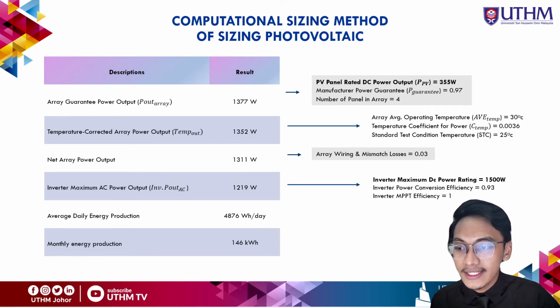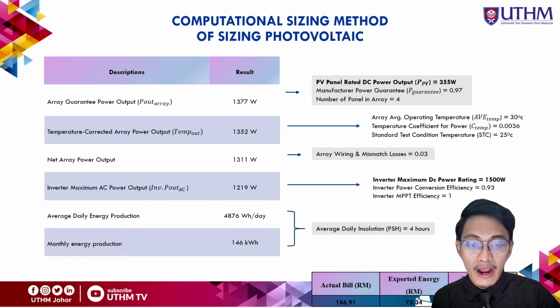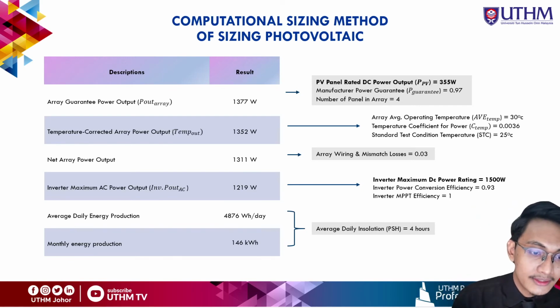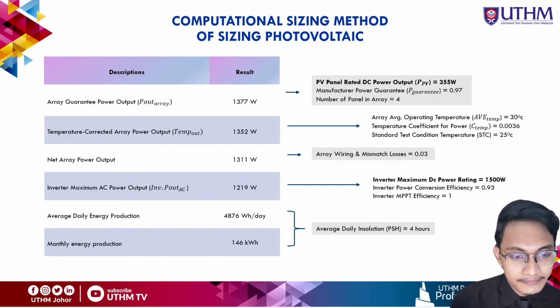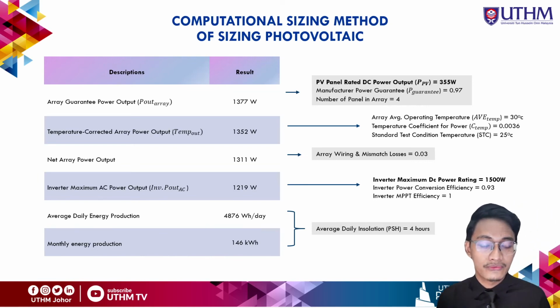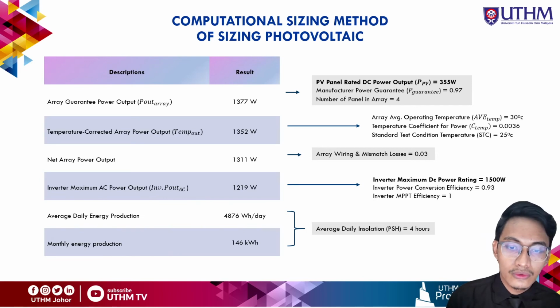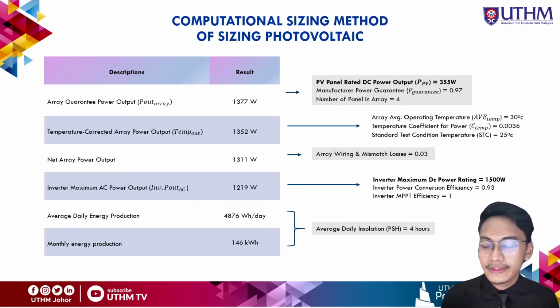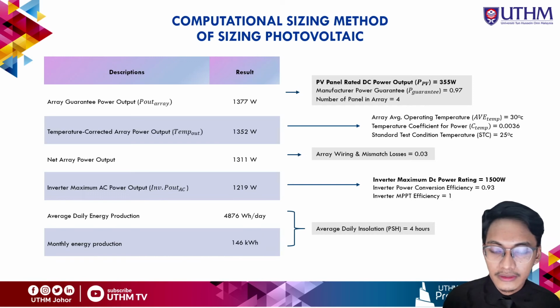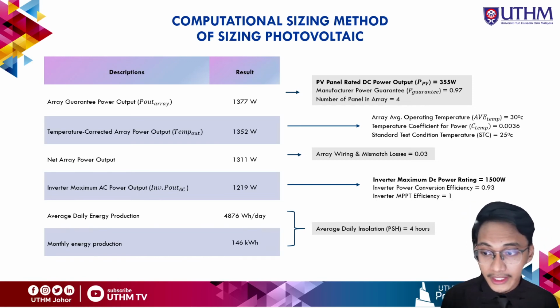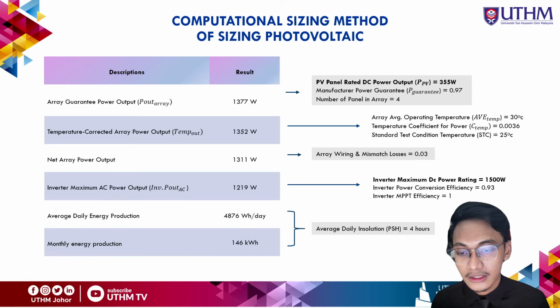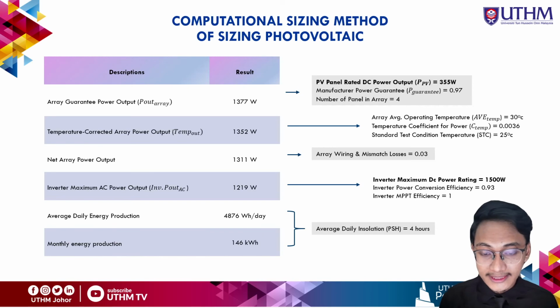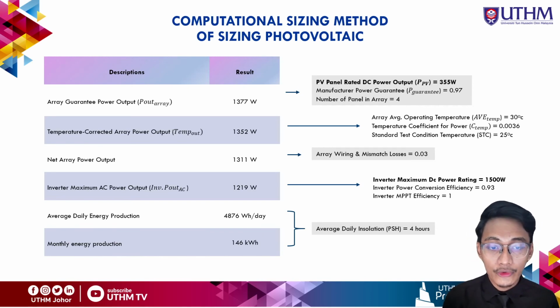For the average daily and monthly energy production, I use peak sun hours of 4 hours. I got 4,876 watt-hours per day, and the monthly is 146 kilowatt-hours, which is the monthly energy production of the PV module.